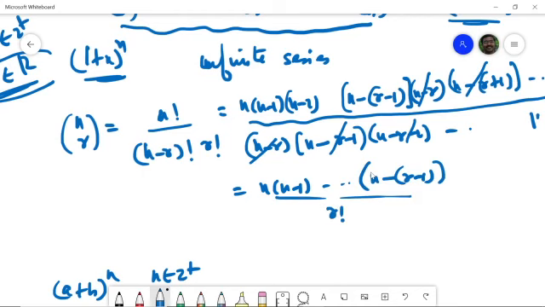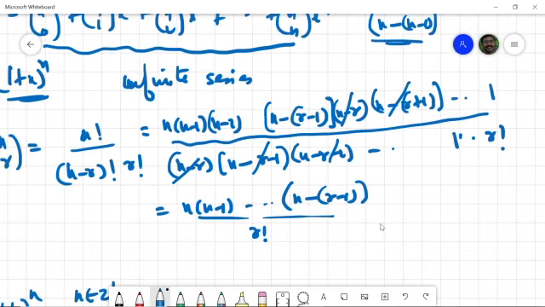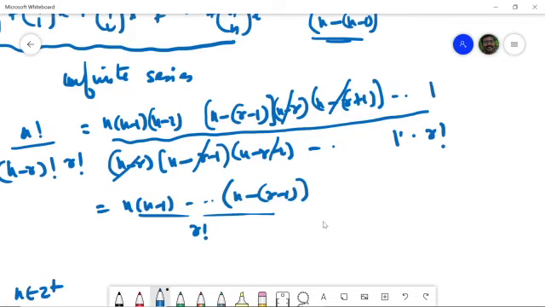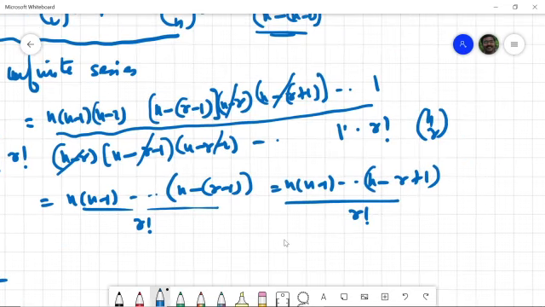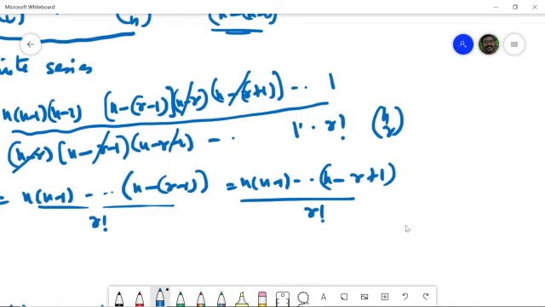In other words, nCr is n into (n minus 1) etc. (n minus r plus 1), divided by r factorial. This is the value of nCr when you expand it in terms of factorials. This is how we are going to define nCr for any real number n.